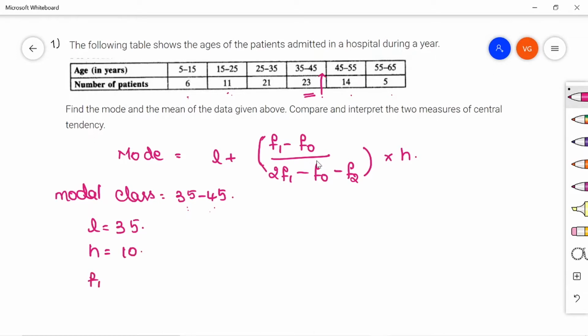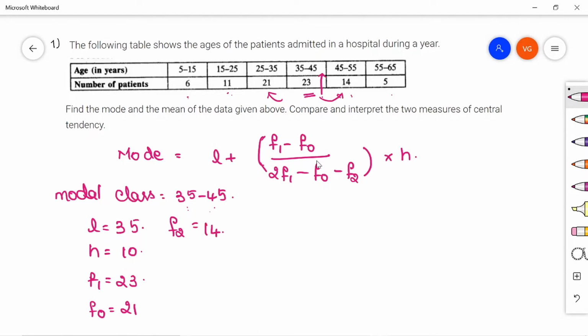F1 is the frequency of the modal class, that is 23. F0 is the frequency of the class preceding the modal class, that is 21. F2 is the frequency of the class succeeding the modal class, that is 14.